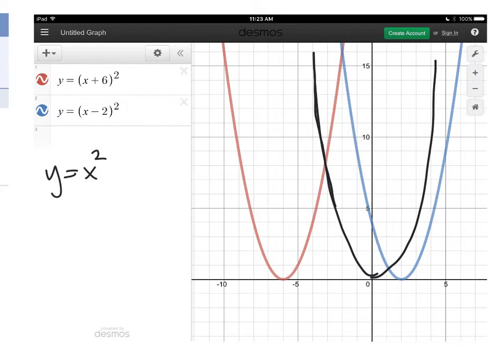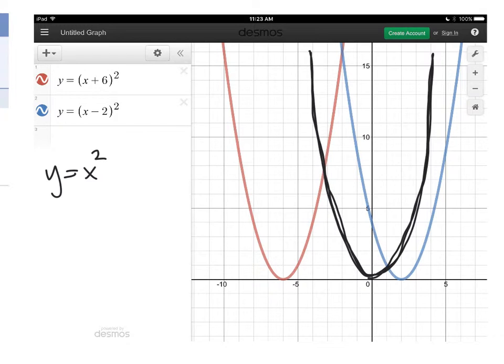All right, so this right here is your basic equation. Y is equal to x squared. It's like your home equation. It's the mother equation. And then the idea is when you add 6, what does adding 6 do to the graph?